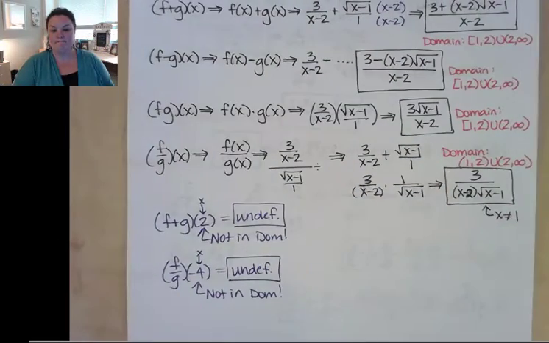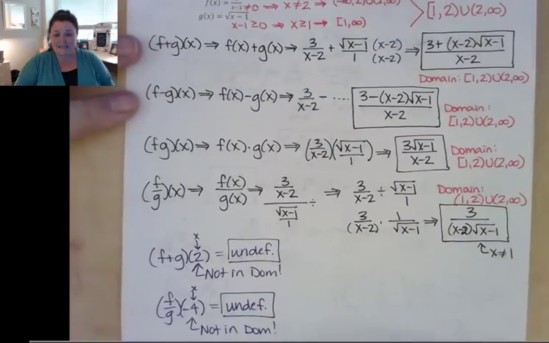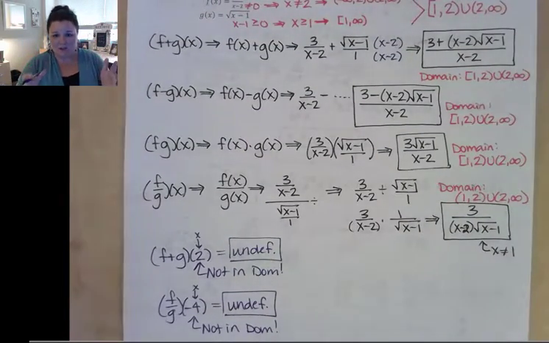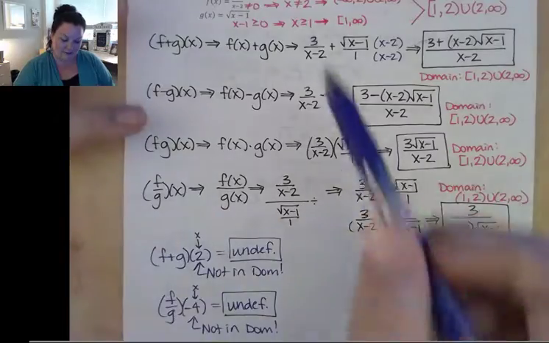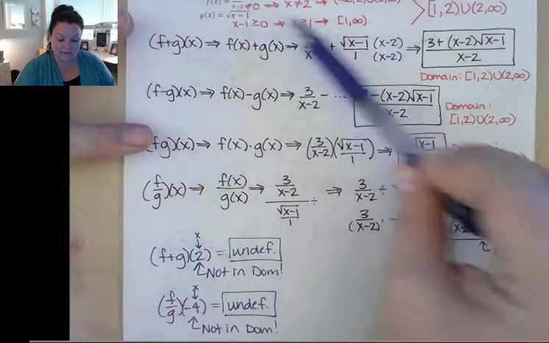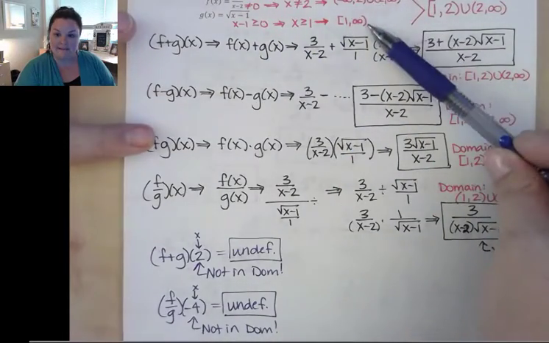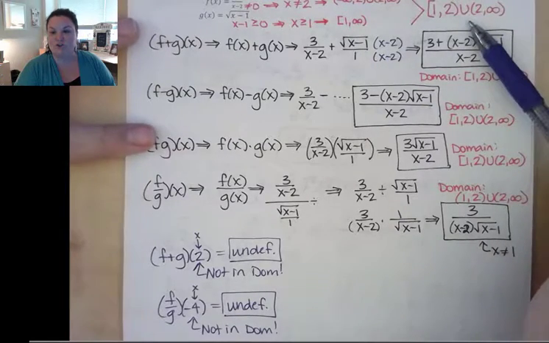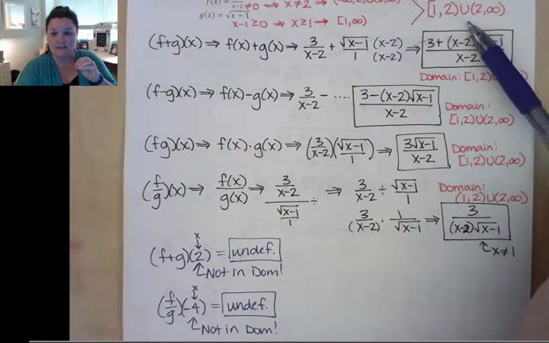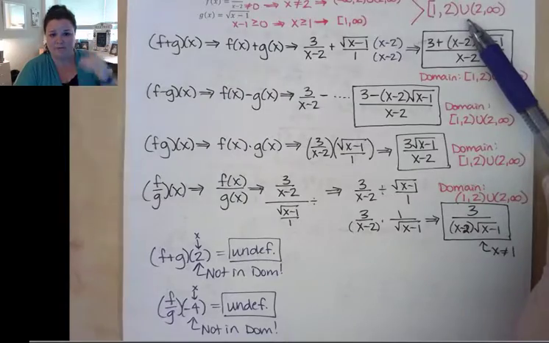Okay? All right, so I've done 3 examples of exactly what I want you to do. I want you to take the 2 functions that are given, determine each of their domains so that you can take the most restrictive combination of those to figure out what the domain should be for these functions.